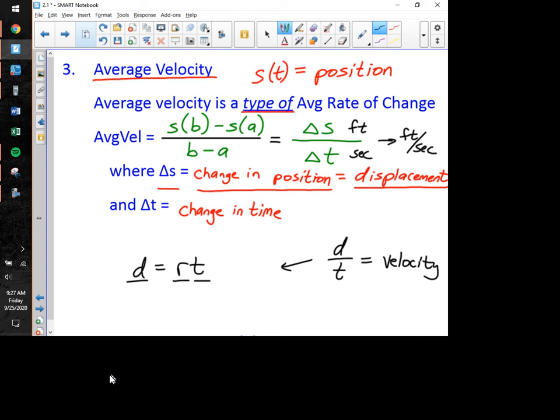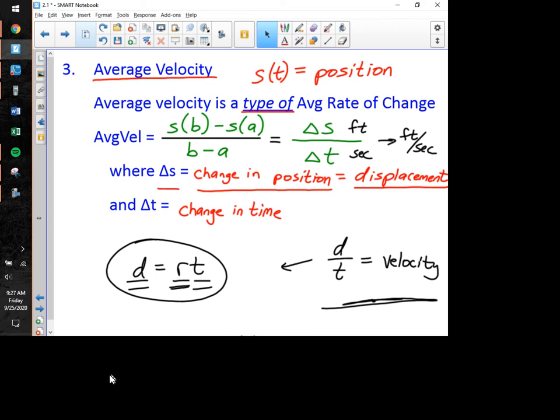And if you notice, guys, if I just took this formula and multiplied both sides by t and then changed velocity into rate, you'd get the same formula. So if distance equals rate times time is not familiar to you, you should write that down somewhere, and that would be a good one to have.